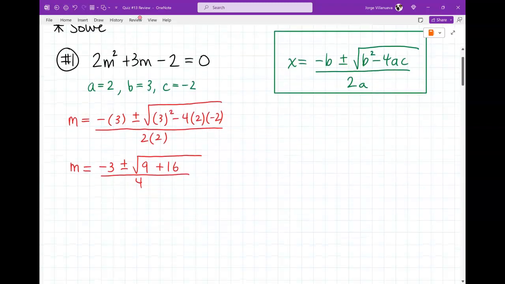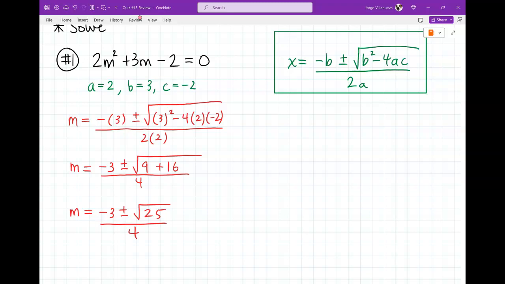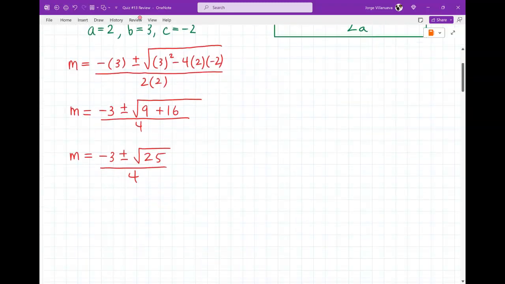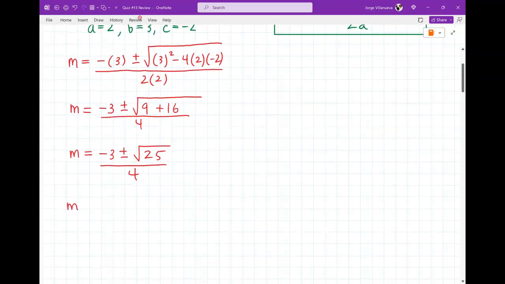Now we are going to simplify that square root still. Just keep working on that until it's as simplified as possible. This is 25 over 4. Now, what's the square root of 25? 5, right? So I'm going to put m equals negative 3 plus or minus 5 over 4.